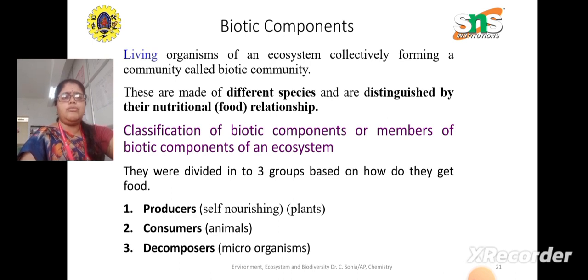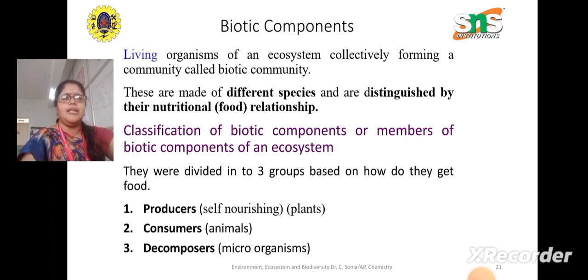As we all know, producers are the green plants. They produce their own food by taking energy from sunlight, carbon dioxide and other nutrients, and they are self-nourishing. Consumers are the animals, and we are also consumers. Decomposers are the microorganisms.